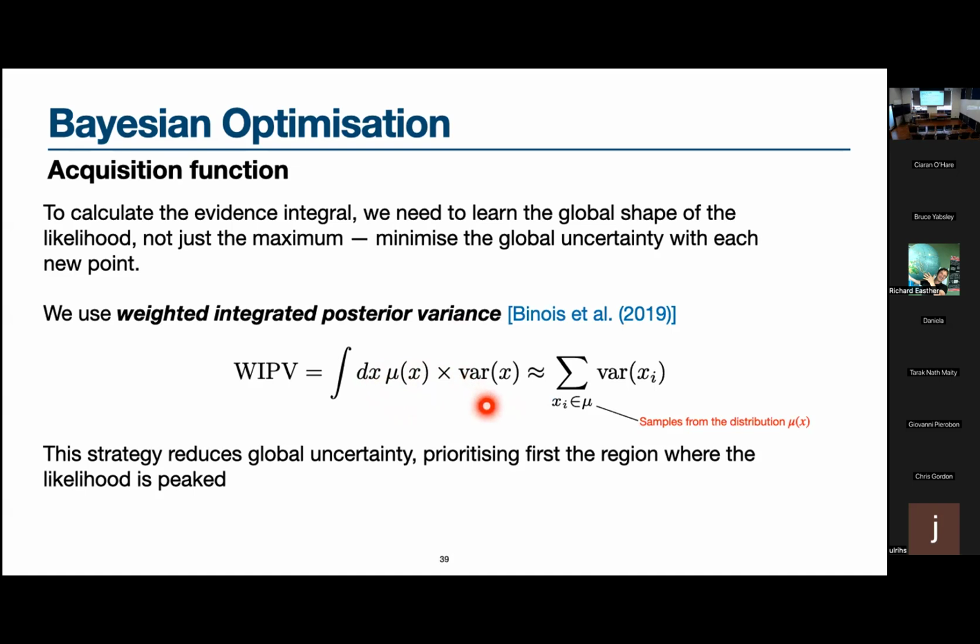In practice, we do not need to do the full integral, because we can simply do a Monte Carlo estimate of it by sampling these test points x, because mu itself is a probability distribution, it's a likelihood. So the idea behind using this acquisition function is to prioritize reducing the global uncertainty of our Gaussian process, while at the same time prioritizing first the regions where we know the likelihood is larger.